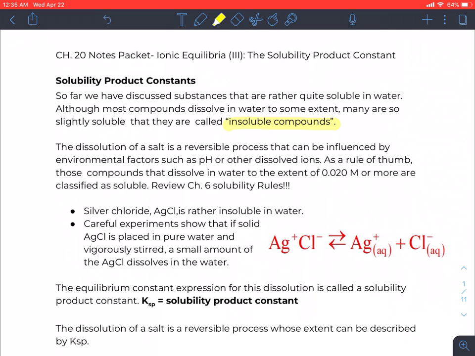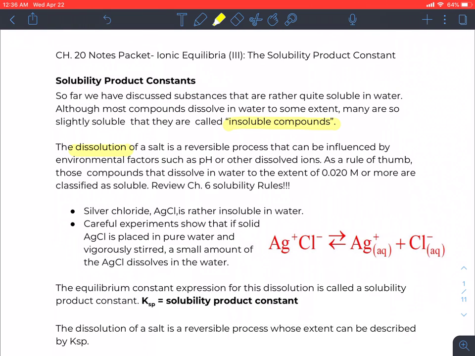So the dissolution of a salt is a reversible process. Dissolution means dissolving. So when a salt dissolves in water, and we're not just referring to table salt, but let's use table salt, NaCl, it can go back to that solid state whenever the water dries up.